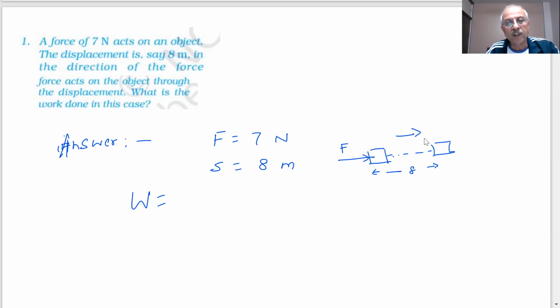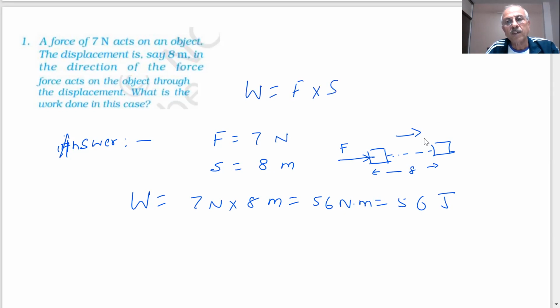So we will have 7 Newton into 8 meter, that will be 56 Newton meter, which is equal to 56 joules. So the work done is 56 joules in this case. Very, very simple and easy question. The formula we already told you: W is equal to F into S.